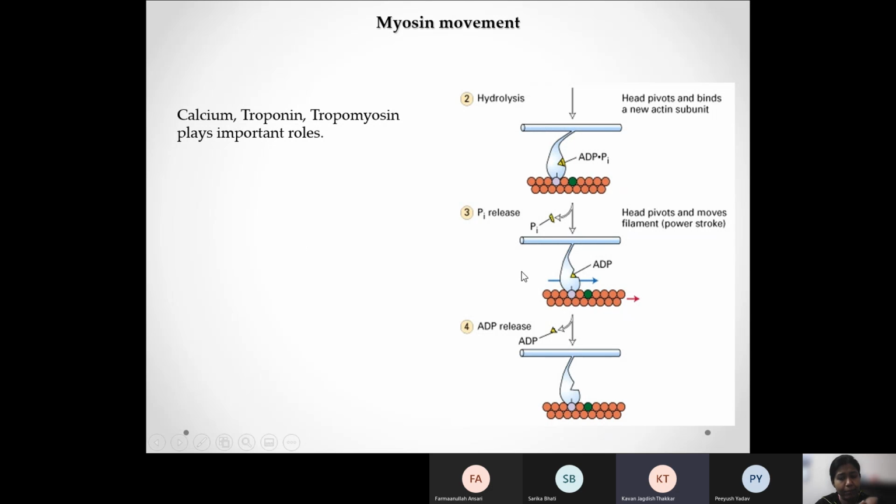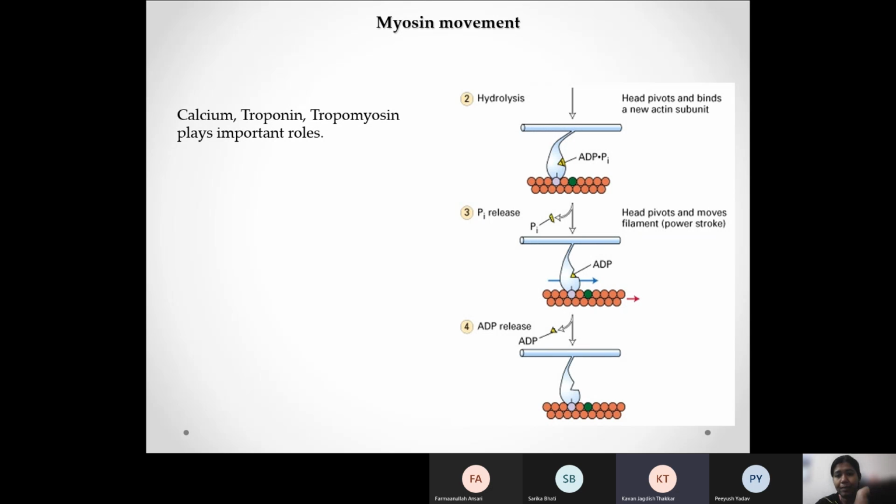And then this pivoting of the head, the release of inorganic phosphate, is followed by the sliding motion. Every time it cocks, it slides the actin, and now the actin has actually moved. So it's like this, it binds and it moves, it binds and it moves.